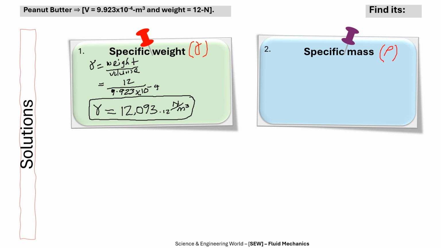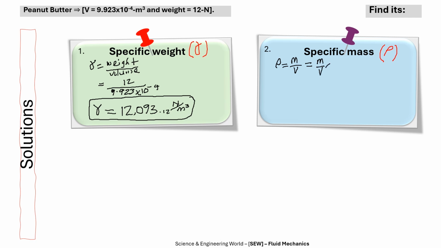Rho is given as mass over volume. We don't know mass, we don't know density, we know volume. So we need to rewrite this and multiply this by 1. That will give us mass over volume times 1.